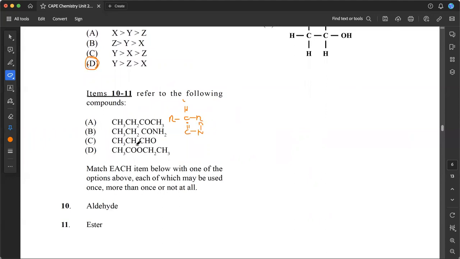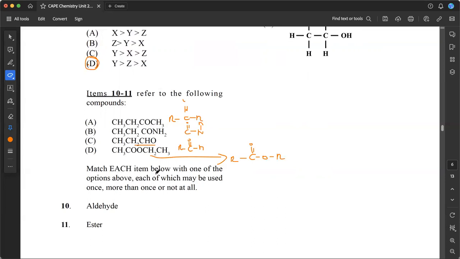So that looks like an amide. This looks like an aldehyde. We see a C double bond O. We see a H. And we see a R group. And then this one here looks like an ester, right? You see that? COO. So we see that there's like a C double bond O, and then there's a R group on either side, right?